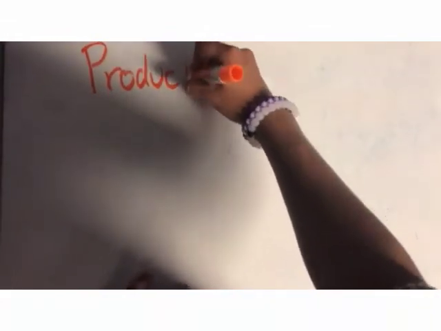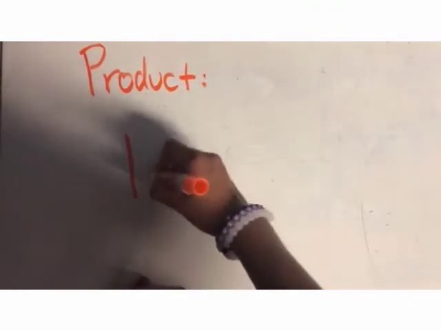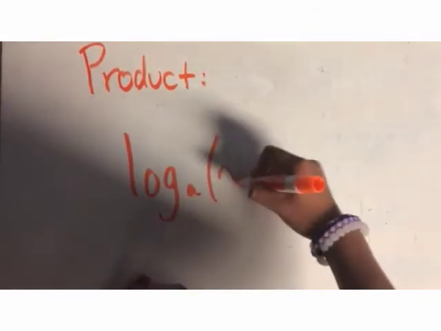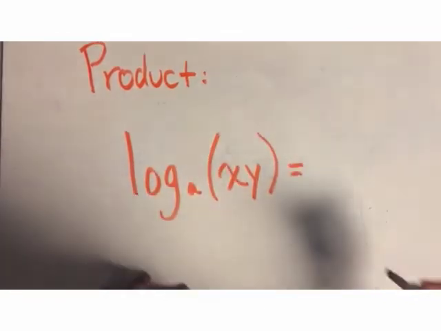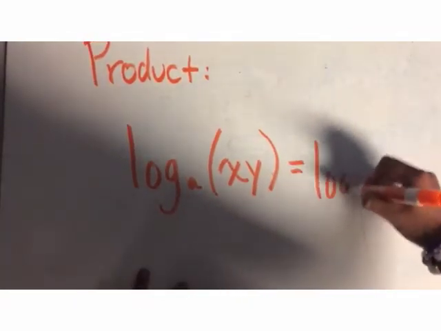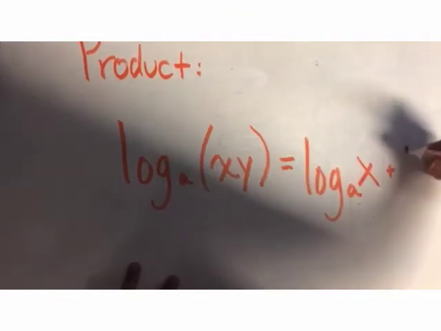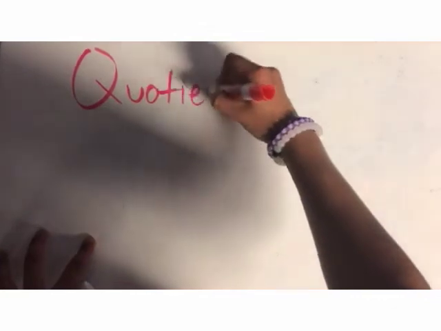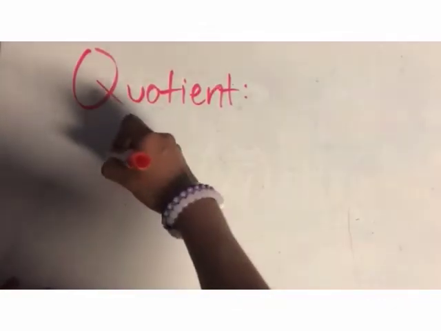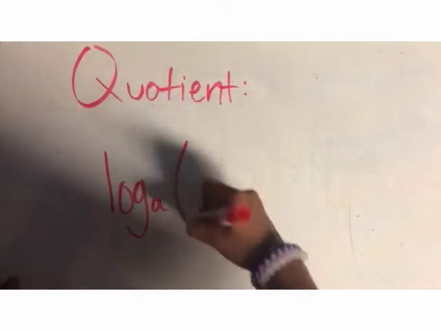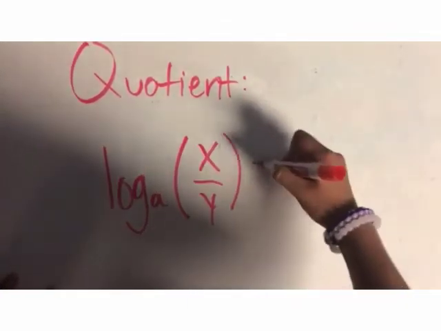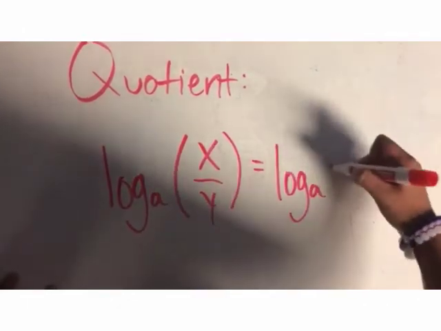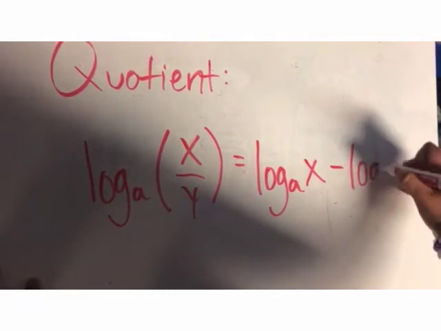These include the product rule, which is log base a of x times y, which is equal then to log base a of x plus log base a of y. Another property is the quotient rule.